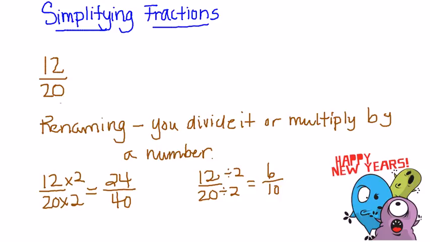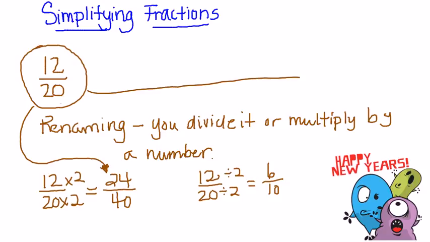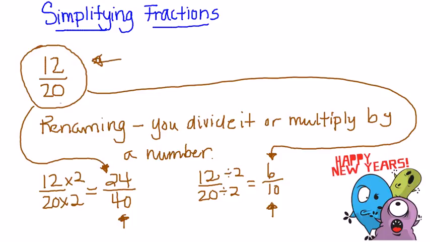So we've renamed 12/20 to 2 new names. It could be 24/40. It could be 6/10. Those are all correct. They all mean the same thing. The shaded area is the same. So for this, you would shade in 6 out of 10. For this one, you would shade 24 out of 40. And for our original fraction, you would have shaded 12 out of 20.